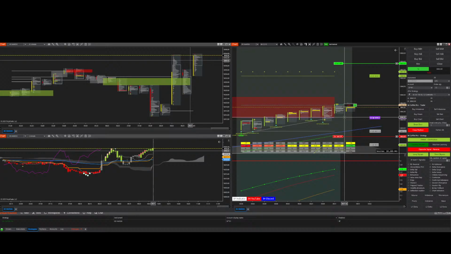Losing some of our bullishness right now. We need to see these numbers come up.